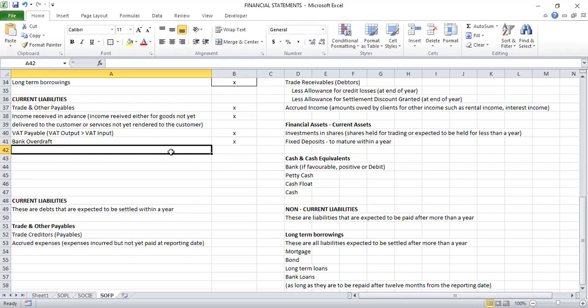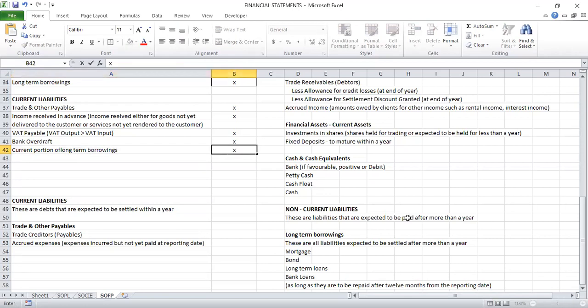Then we can also have the current portion of long-term borrowings. If we still remember, we talked about these long-term borrowings. We said these are liabilities that are expected to be paid after more than a year.